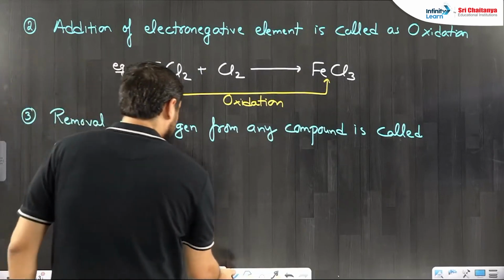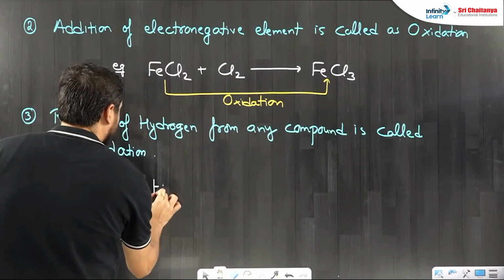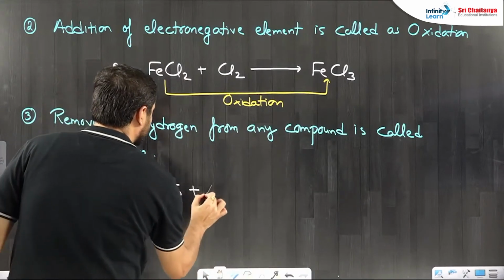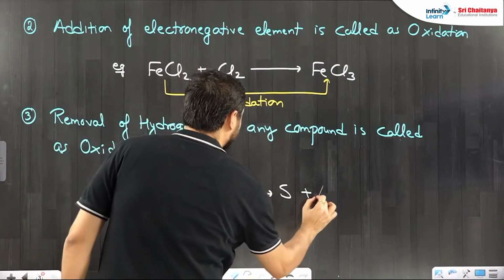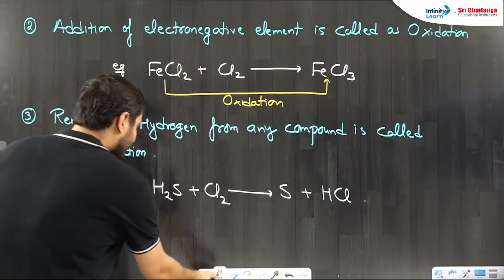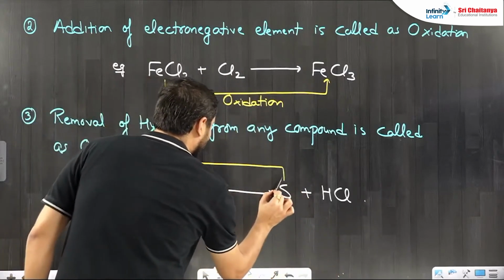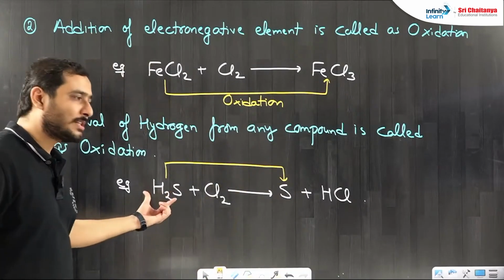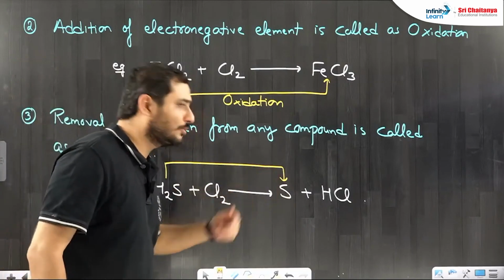That process will be called which process? Oxidation process. So if I write one example, H2S plus Cl2, what is formed? Sulfur plus HCl. H2S is a compound. From this 2 hydrogens are removed and it is converted to sulfur.